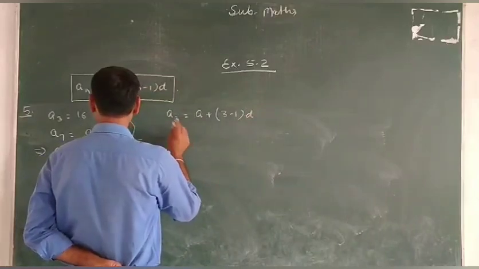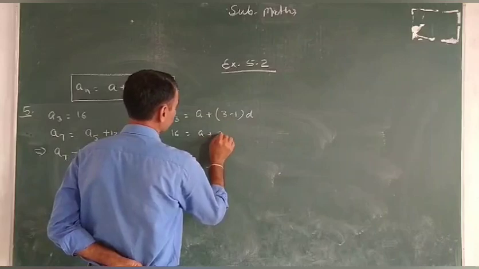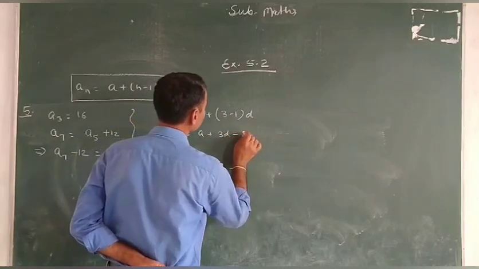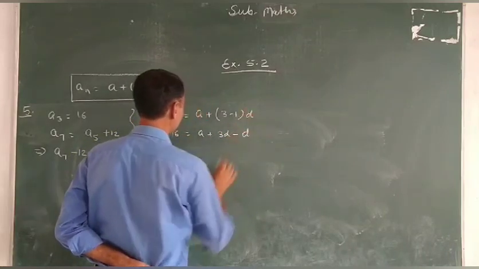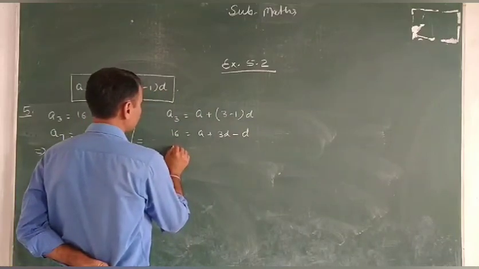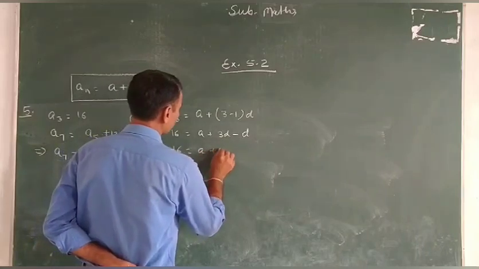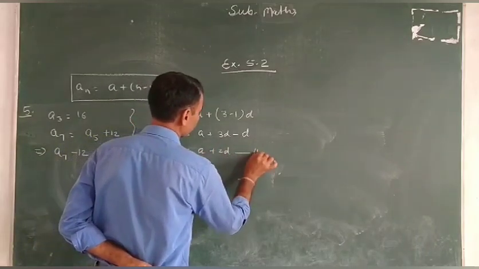So A3 is 16, A plus 3d minus d, or 16 is equal to A plus 2d, equation first.